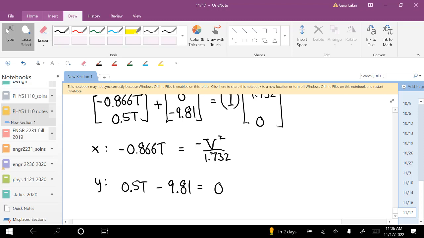Well, this is just a system of two equations for two variables. We can use the y equation to solve for T and then plug that into the x equation. So this says 0.5 T is equal to 9.81. Multiply both sides by 2, and you get that T is equal to 19.62.